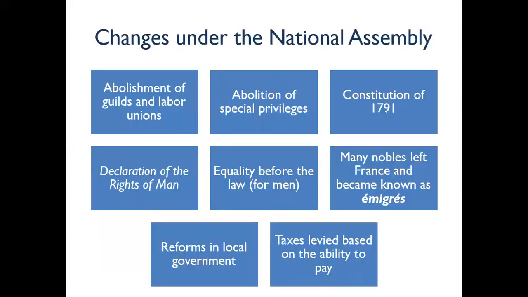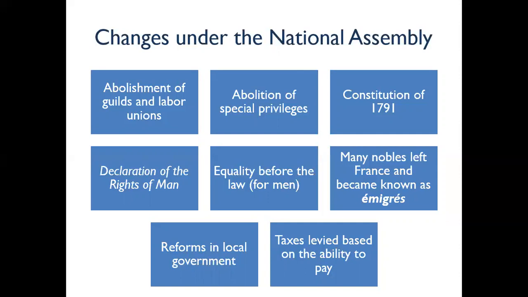Now the changes that took place under the National Assembly are as follows: abolishment of guilds and labor unions, abolition of special privileges, the Constitution of 1791, the Declaration of the Rights of Man, equality before the law. Many nobles left France and were known as emigres.